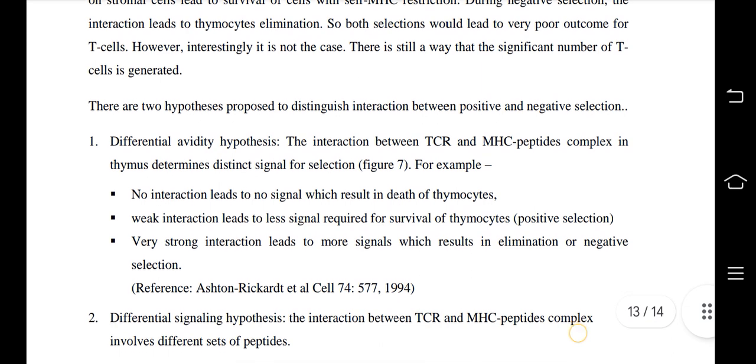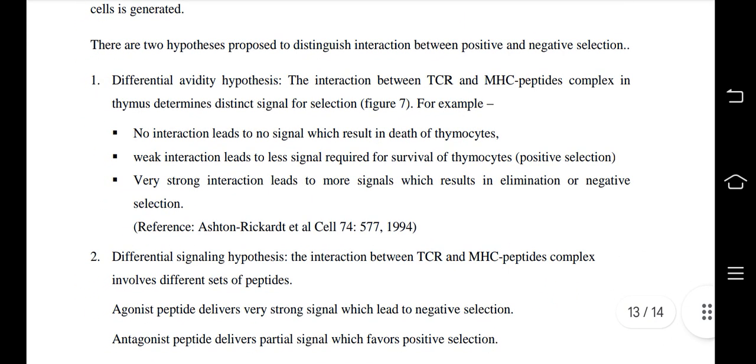There are two hypotheses proposed to distinguish the interaction between positive and negative selection. Differential avidity hypothesis: the interaction between the TCR and MHC peptide complex in the thymus determines distinct signals for selection. For example, no interaction leads to no signal, which results in death of thymocytes. Weak interaction leads to less signal, required for survival of thymocytes, positive selection.